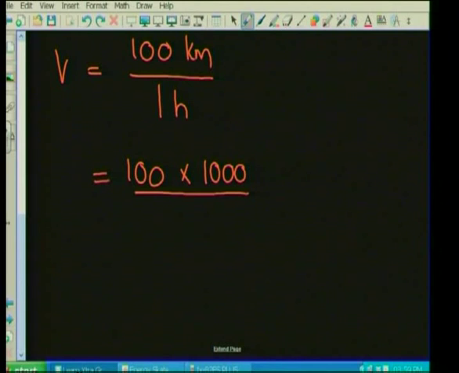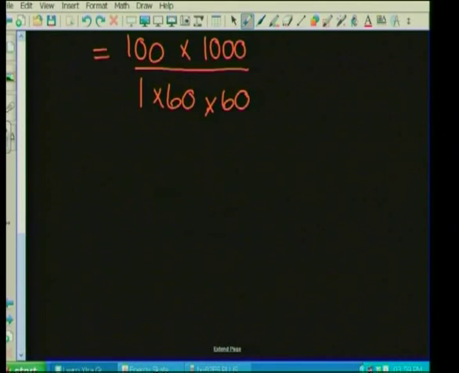To convert hours to seconds, hours to minutes, I times the 1 by 60, that gives it to me in minutes. Then I times by 60 again. That gives it to me in seconds. So essentially what I'm going to do is 100 times 1,000 divided by 3,600.